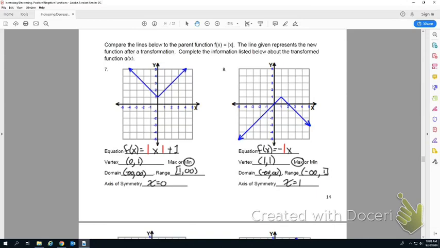Gavin, what does my C value need to be? Negative what?